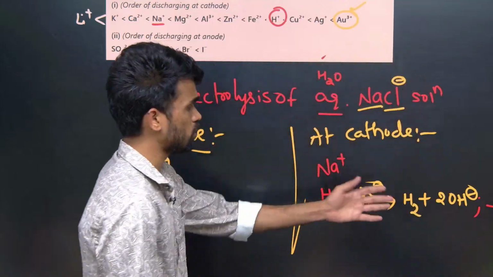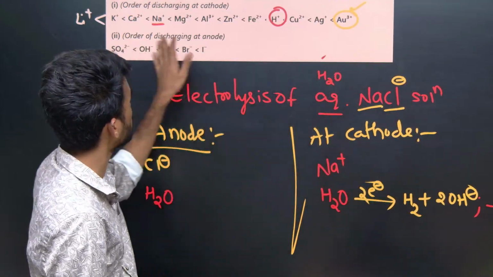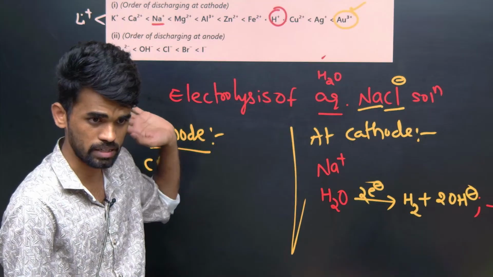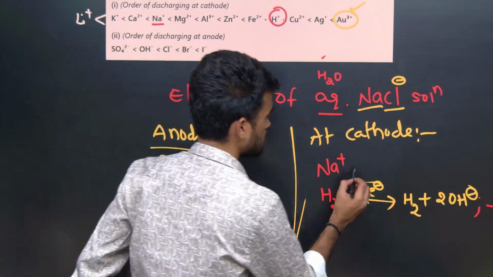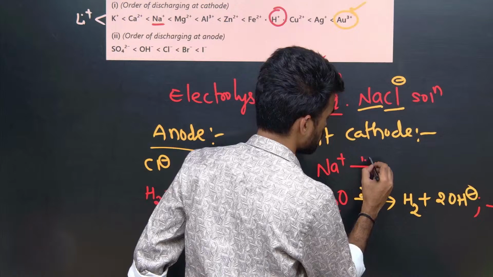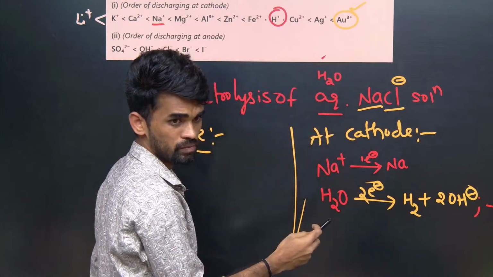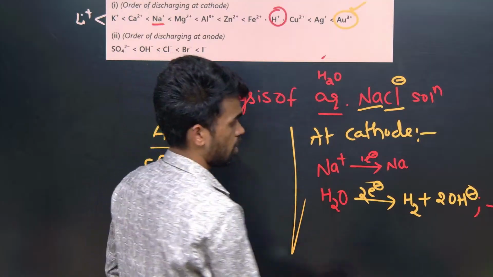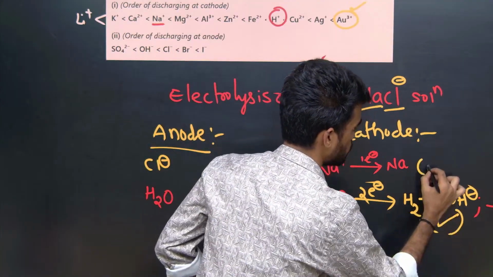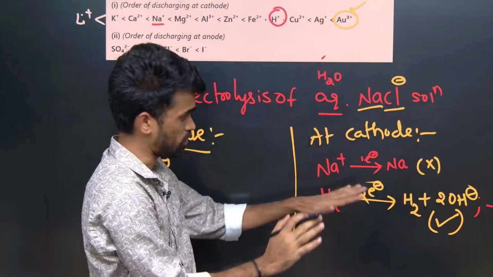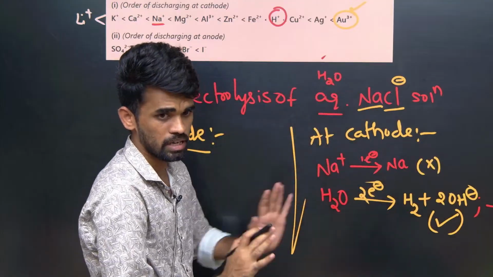Even if you don't remember that value it is fine, even if you remember this order it is enough. And next, if sodium undergoes reduction it will form sodium, right? But out of these two, which is possible, which will discharge first? So write this with a right mark and put the other as wrong; whichever discharges first, you take it as the correct one.